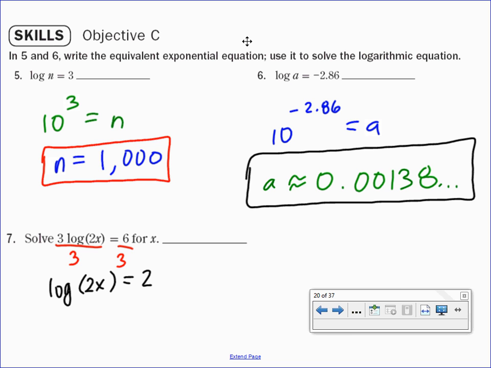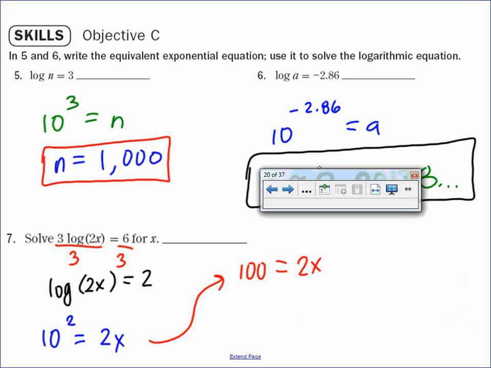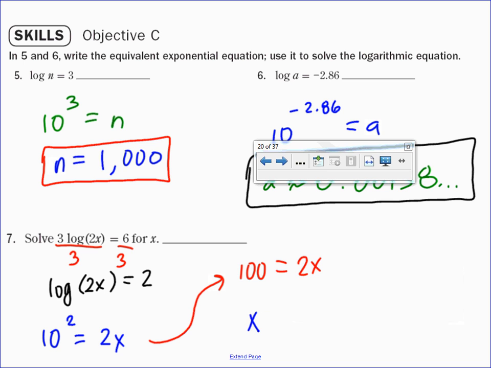Now we'll go ahead and exponentiate. So this would be invisible base 10 to the 2 equals 2x. So 100 equals 2x. And x equals 100 divided by 2, both sides, 50. You guys getting 50?